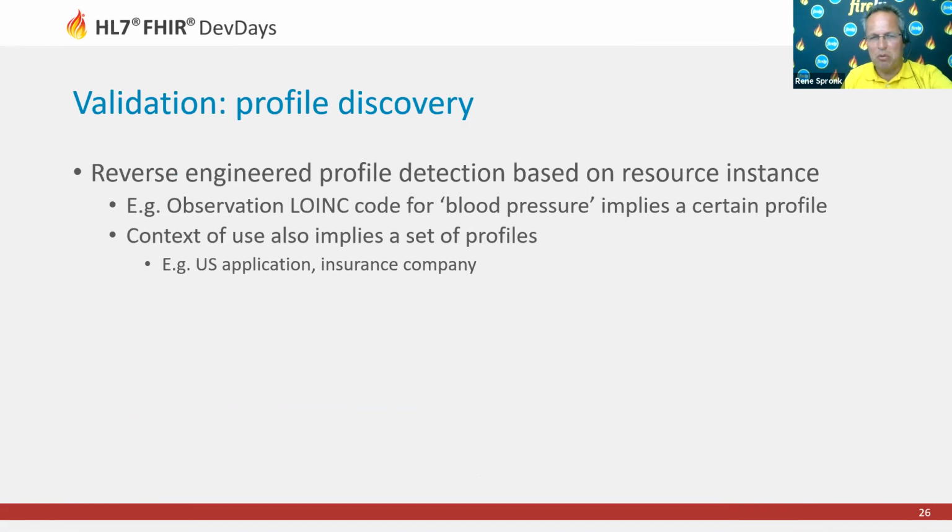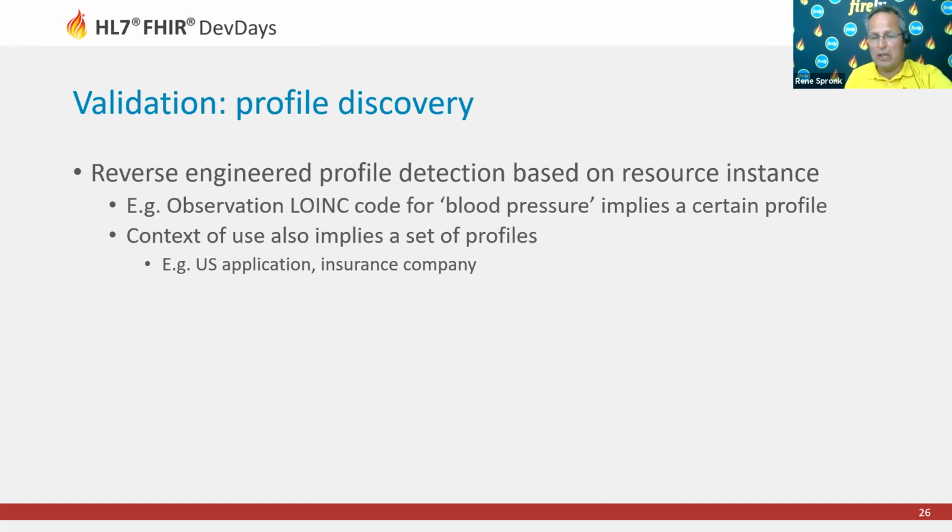Now the thing is, some people rely way too much on profiles. They assume that senders are always going to include the URL of the profile in the meta information. Whereas it's actually a much better recommendation to start discovering the applicable profiles by looking at the resource. Effectively reverse engineer the appropriate profile by looking at a resource instance.